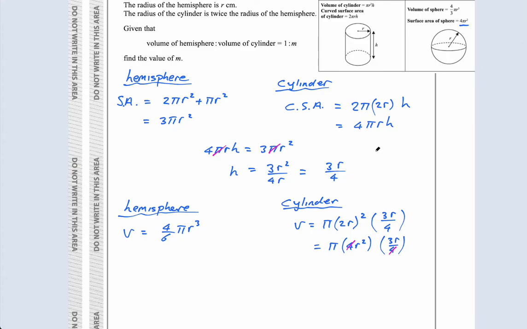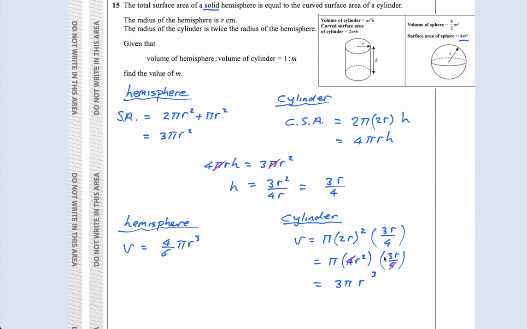And I'm left with pi, sorry, I'll do the 3 first. So I'm left with 3 pi r cubed. Okay, nearly done. So this is the volume of the hemisphere, volume of the cylinder.